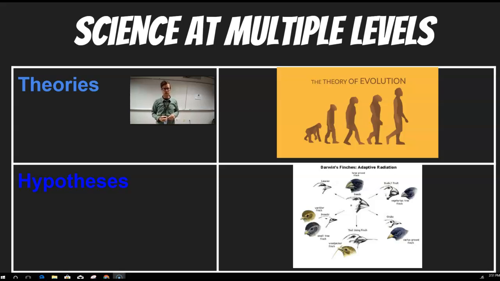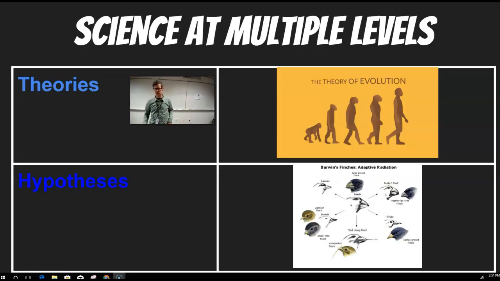And so the one really big example of a theory is the theory of evolution by natural selection, which has been accepted now that it's been about 160 years since it was published. It's been accepted as the best explanation for why life looks the way it does now. But then there are specific hypotheses that fall under that umbrella, if you will.